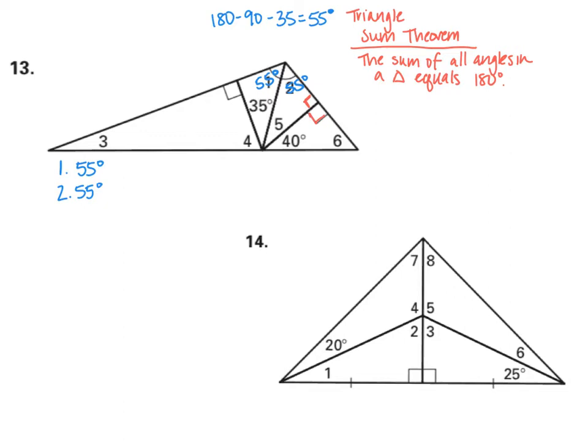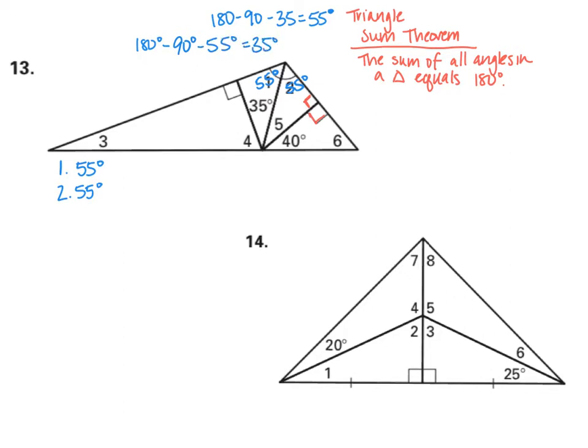So we can continue to use the triangle sum theorem, and we know that angle 2 is 55 degrees. So to find angle 5, we can just do 180 degrees minus 90 degrees minus 55 degrees equals 35 degrees.